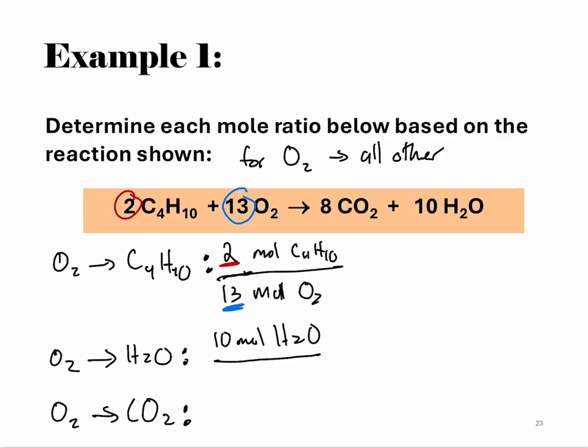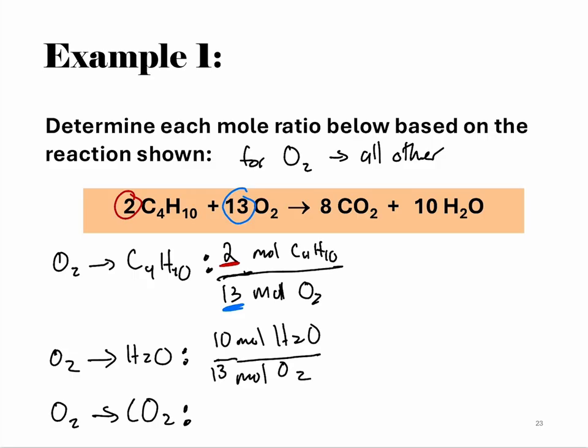That shouldn't be 8, because how many moles of O2 do we need for the reaction to happen 1 time? We need 13, right? This is CO2, and this is oxygen. We can't change the chemical formulas on either side of the reaction. So we're going from O2, not CO2. So that's why it's not 8 in this case. So we have 13 moles of O2.